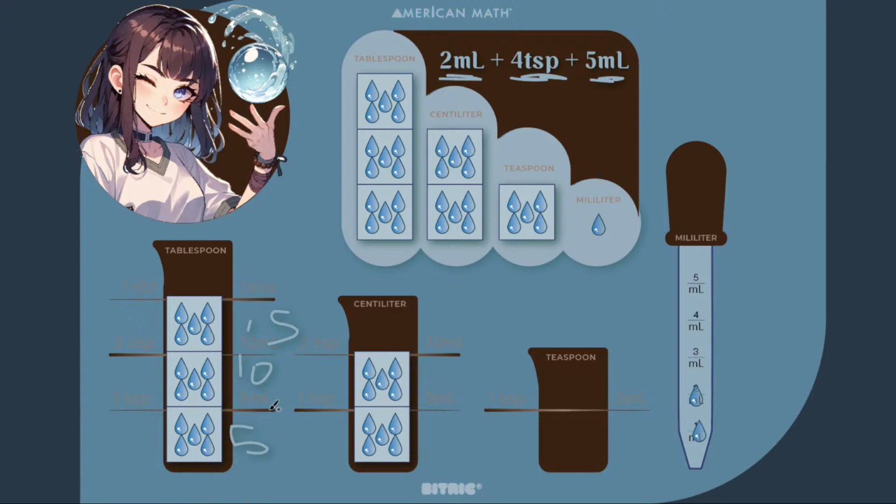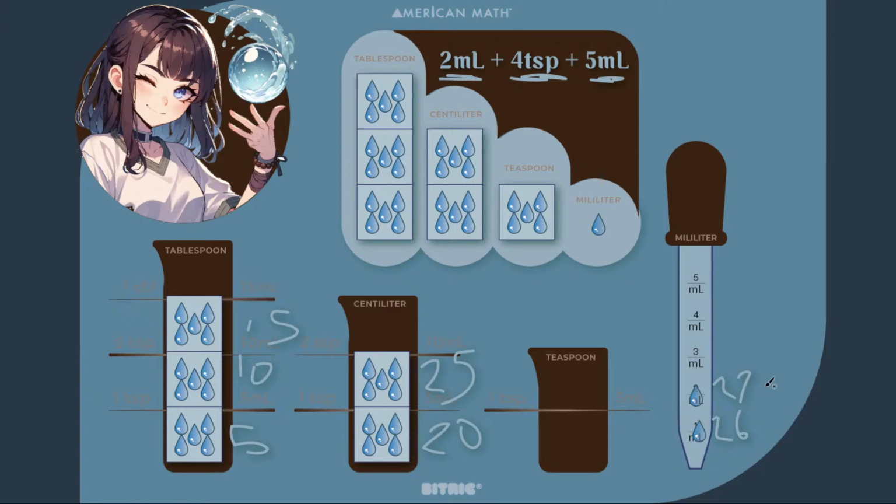So we have 5, 10, 15, 20, 25, and there we go, 26, and then 27. So initially I was correct, but I just missed 20. So we ended up with 30.